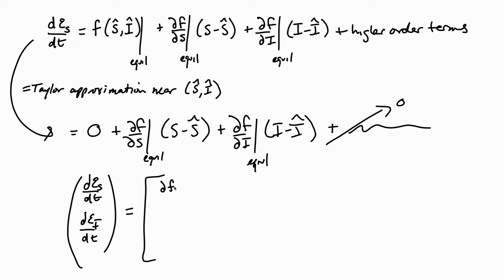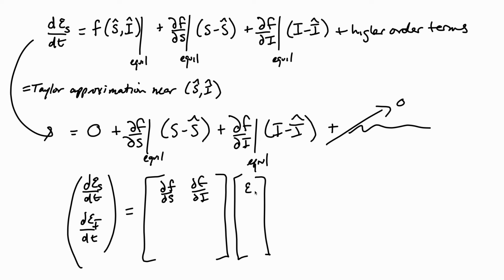So for the top one, df by ds and df by dI, all multiplied by epsilon s, right, because this bit here, s minus s hat, is the definition of epsilon s.